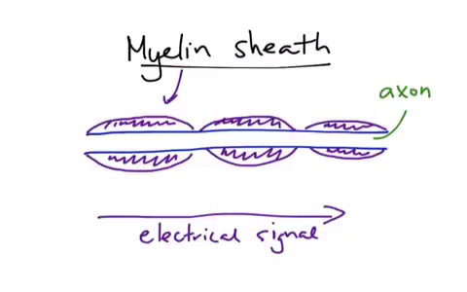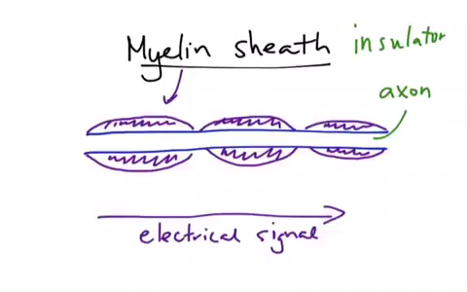In this particular diagram, we notice that the electrical signal is travelling from the left to the right down the axon. Now, what the myelin sheath does is it acts as an insulator. And in electricity, insulators prevent electricity from moving through it.